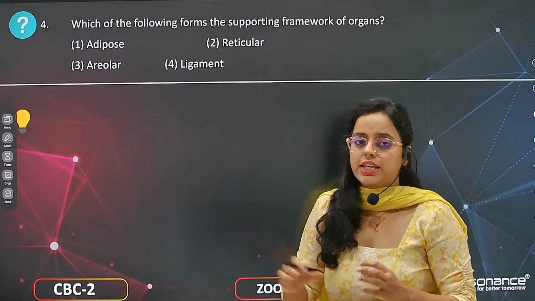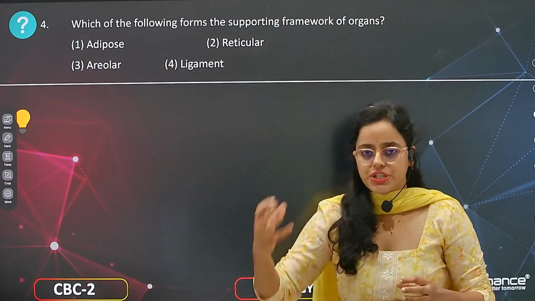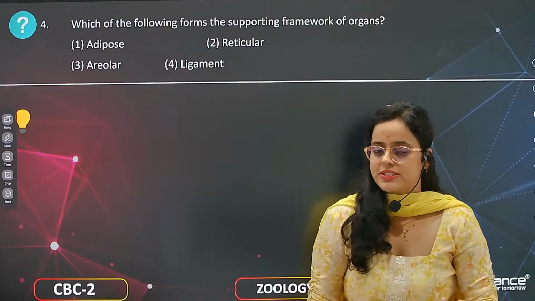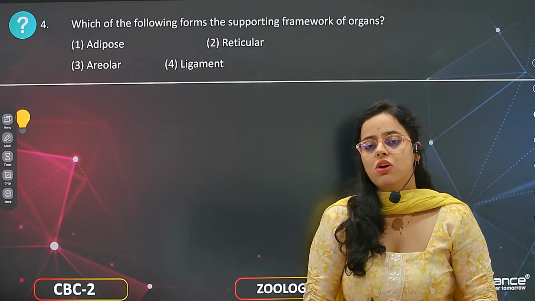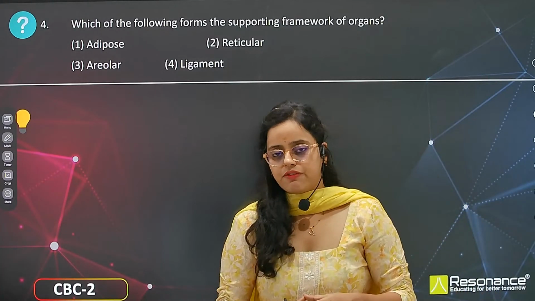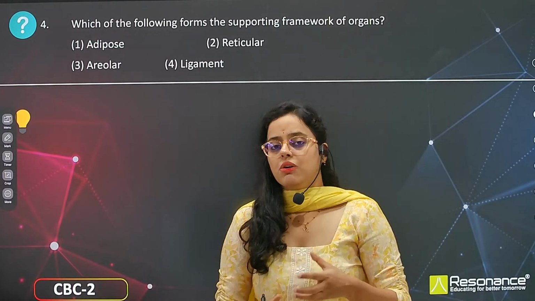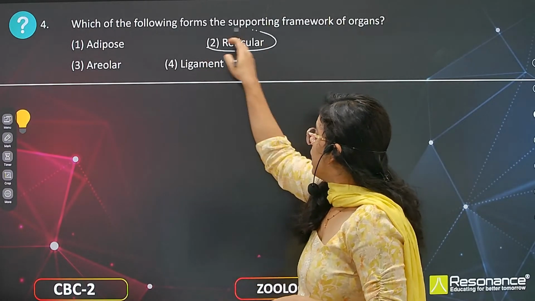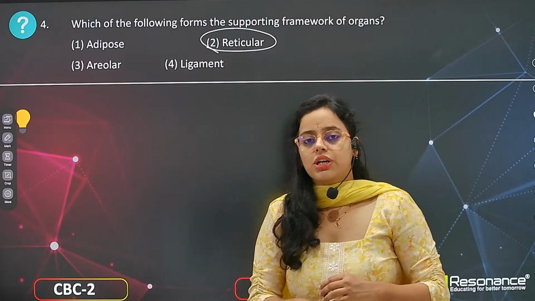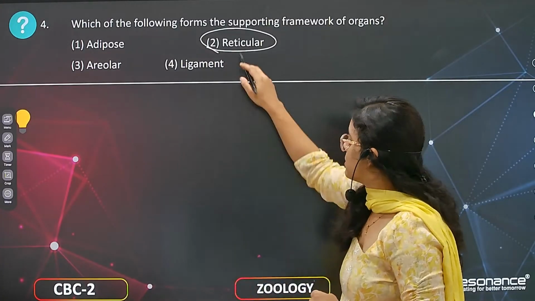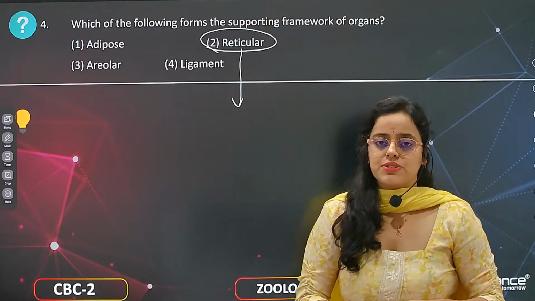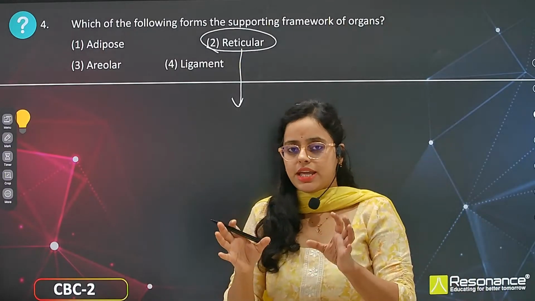For that they require some kind of tissue that is called connective tissue basically, and particularly we talk about dense connective tissue or areolar connective tissue. This dense regular or irregular connective tissue consists of fibers, that is reticular fibers, which keep them in their own position.